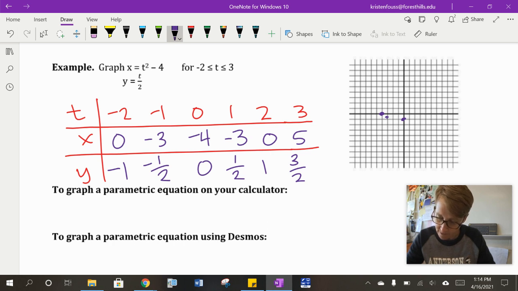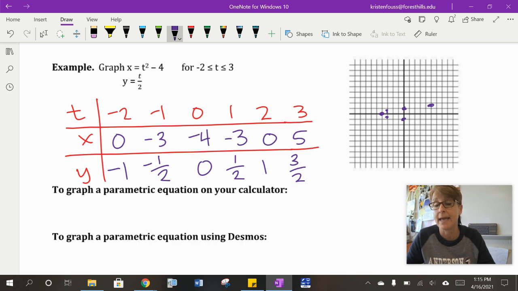And then -3, +0.5. Trying my best with my fat pen and my little graph. So 0, 1. And then 5, 1, 2, 3, 4, 5, 3/2, something like that. So there are my points that I plotted, that I created using this chart, right?